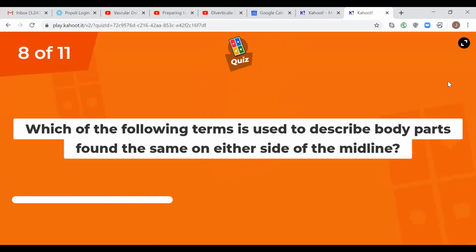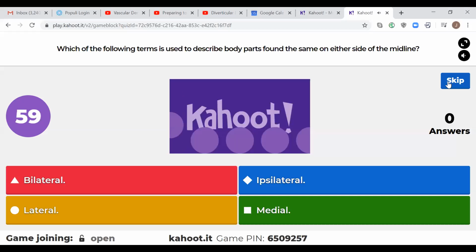Which of the following terms is used to describe body parts found the same on either side of the midline?